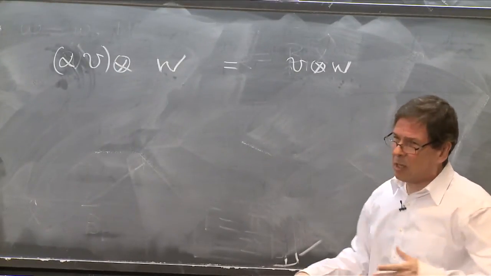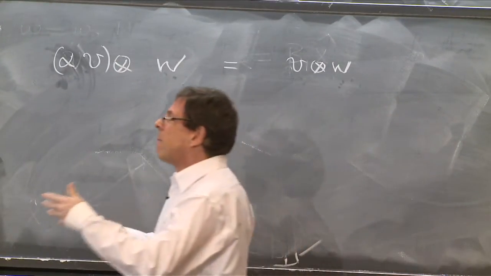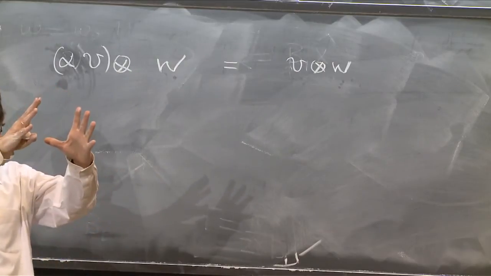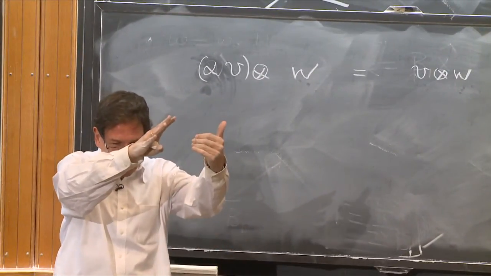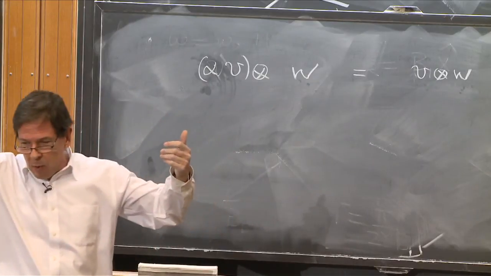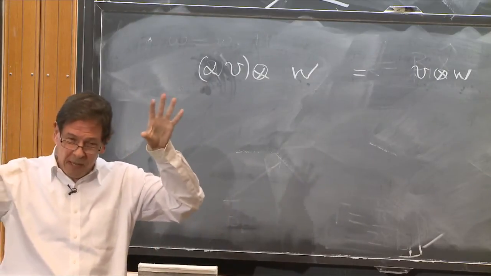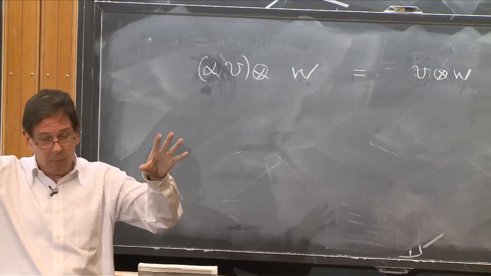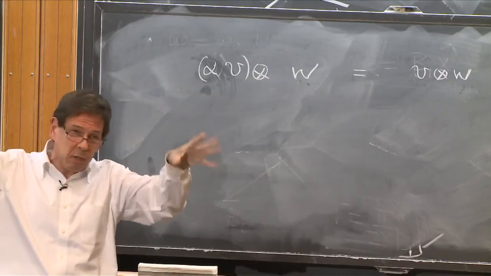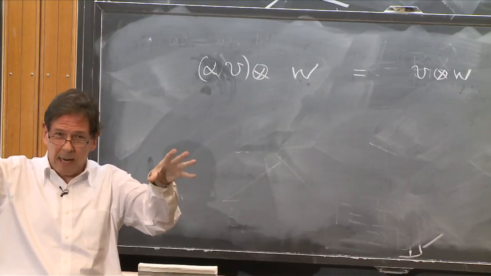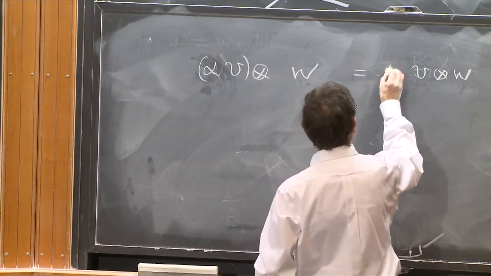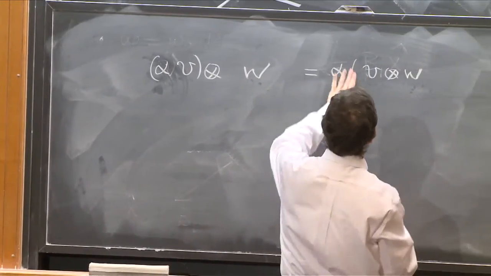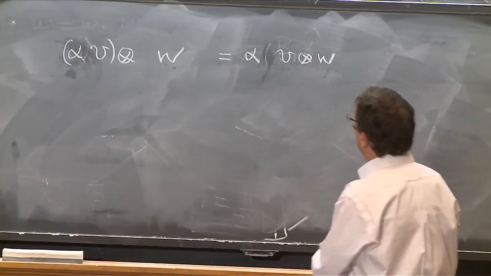But in physics, you're thinking of the amplitude to have the first particle doing that, and suddenly that amplitude becomes twice as big, and this other one doesn't change. Well, the amplitude to find this one here and that one there has become twice as big, just because this one is twice more likely to be here, and that's the same. So we're going to say that this is the same as that. The alpha can go out.